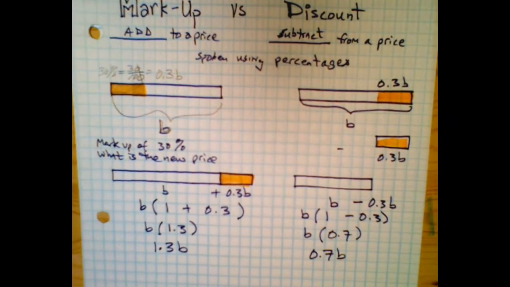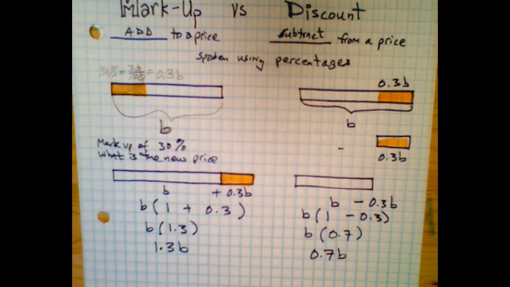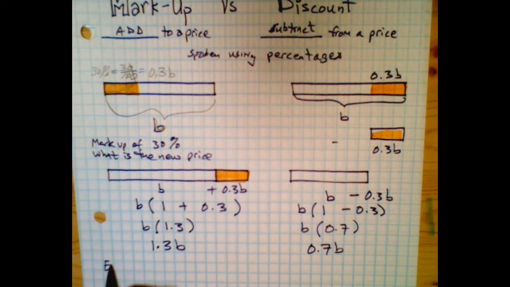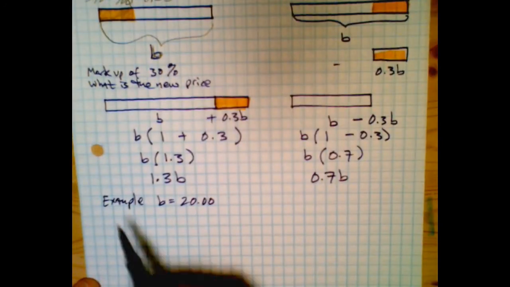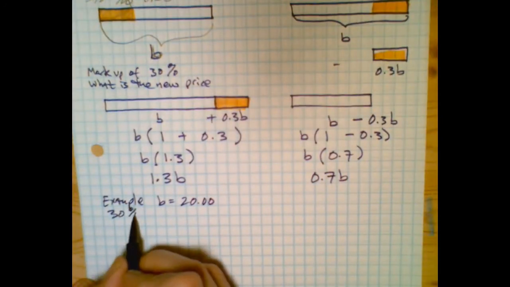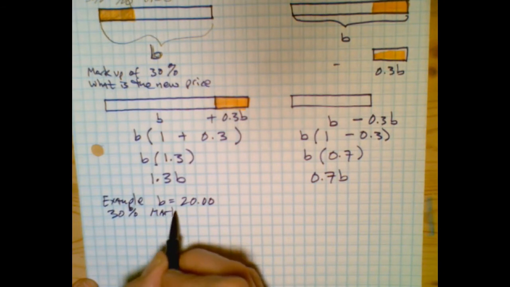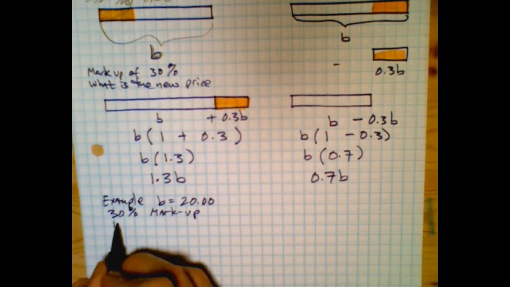So what would that look like if I actually had a value? Let's give an example and say that my shirt that I'm buying, I'm going to let B just be a shirt I'm going to sell, costs me $20. If I have a 30% markup, what is the new price?